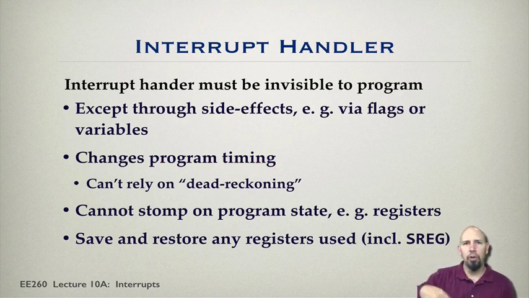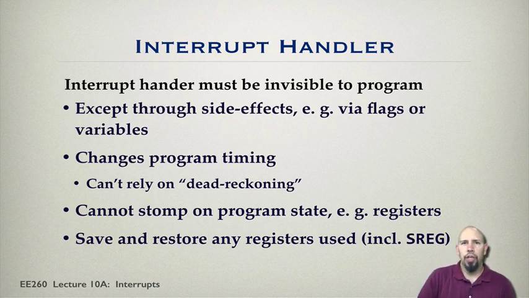So, for example, in your loop programming, if you're using a certain number of milliseconds that you want to operate, when the program is in the interrupt service routine, certain things are not happening while that interrupt service routine is running, and so that may change certain things. And so often you can't rely on dead reckoning when using these. You also need to be careful not to stomp on program state, for example, registers. And you need to save and restore any registers used.